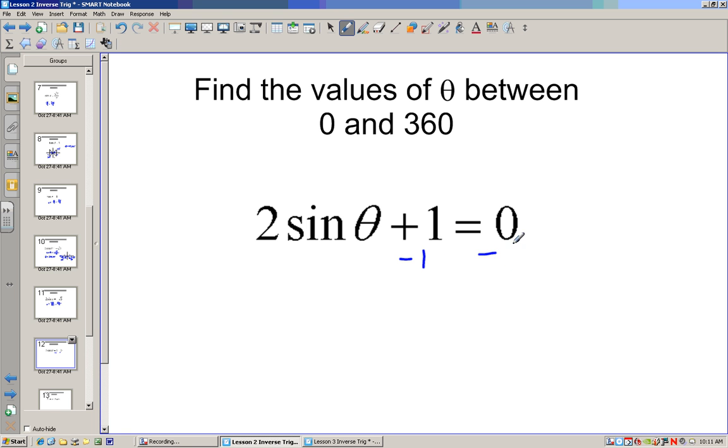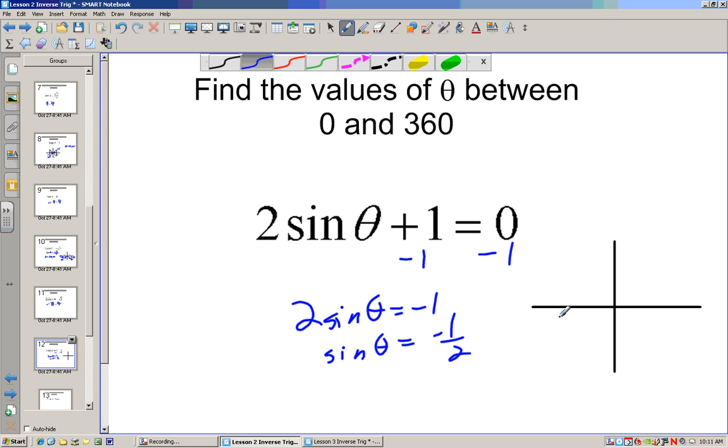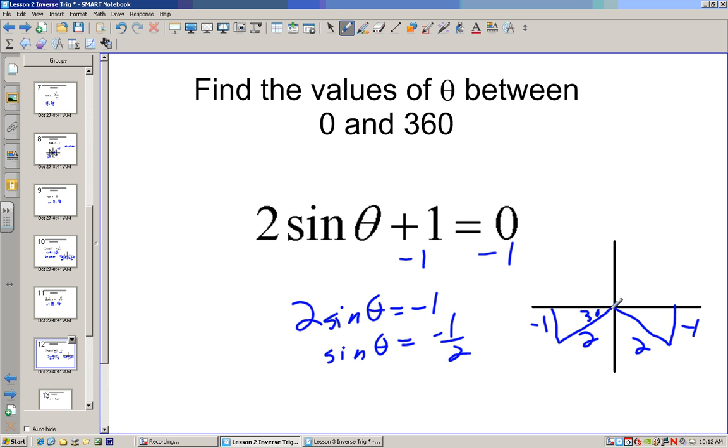All right, what we should do is subtract 1 from both sides. So I have 2 sine of theta equals -1. Divide by 2, and sine of theta equals -1/2. So if I draw this out, sine is going to be -1/2 in the bottom 2 quadrants, leaving a 30-degree reference angle in both those triangles.